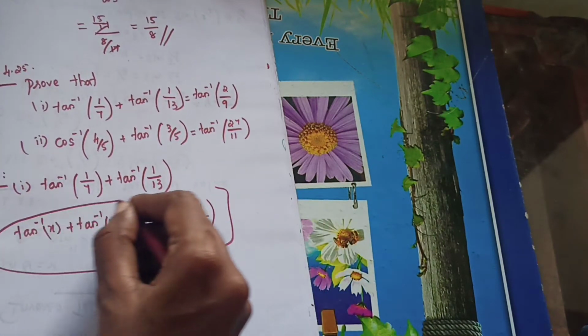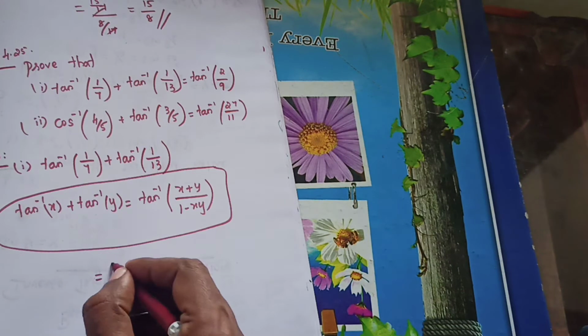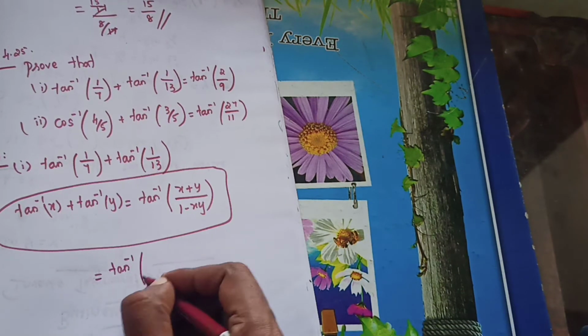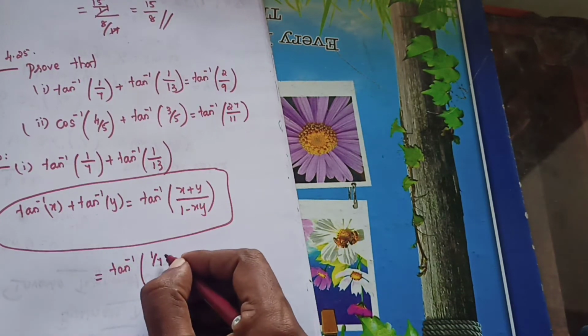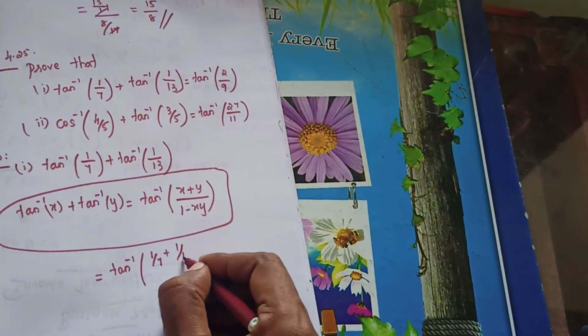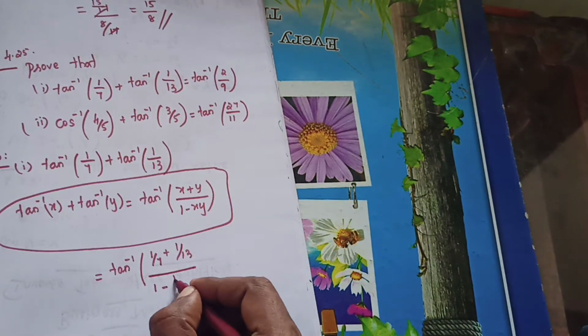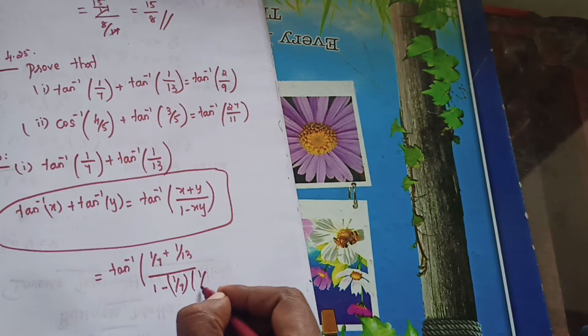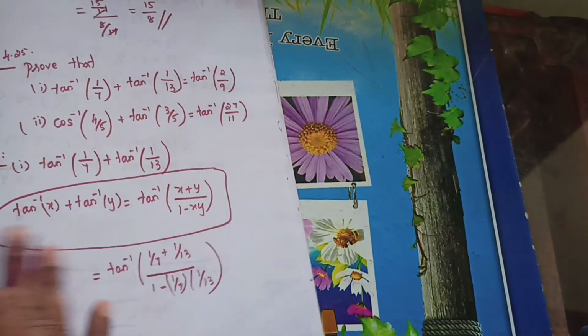We are going to use this formula here. According to this formula, tan inverse of 1 by 7 plus 1 by 13 divided by 1 minus 1 by 7 into 1 by 13. So we are going to simplify this.